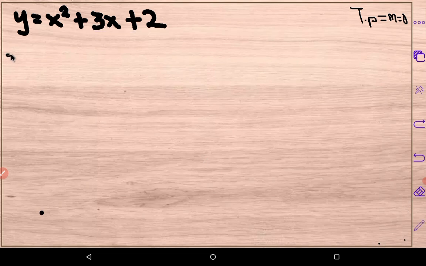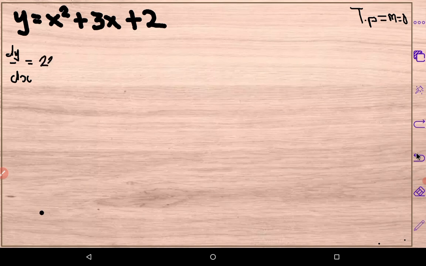So we are going to find dy/dx. If you don't know how to differentiate, you can watch our previous videos on differentiation. We're not going to go into details. Under differentiation, this 2 comes here, so it becomes 2x.